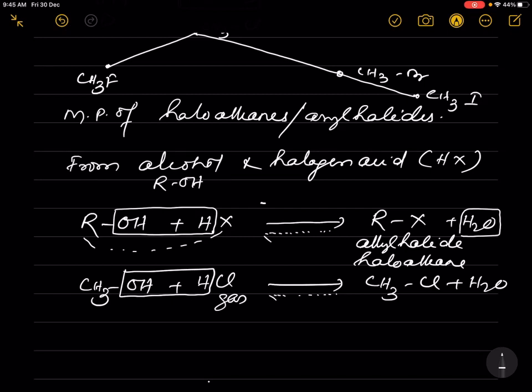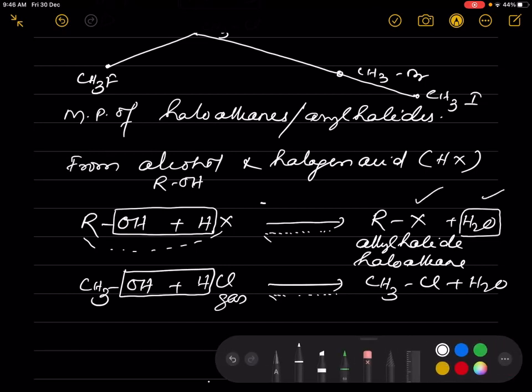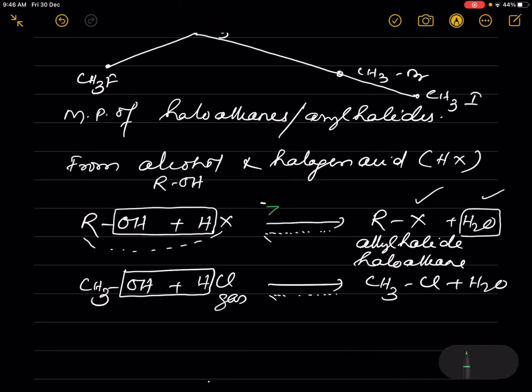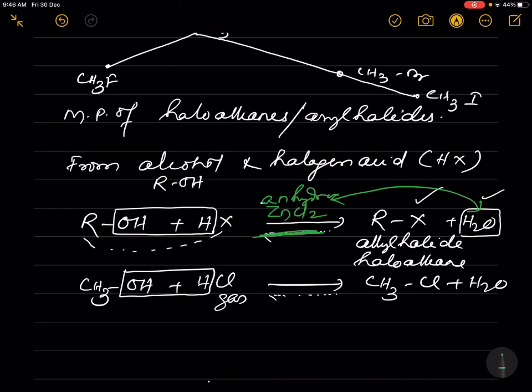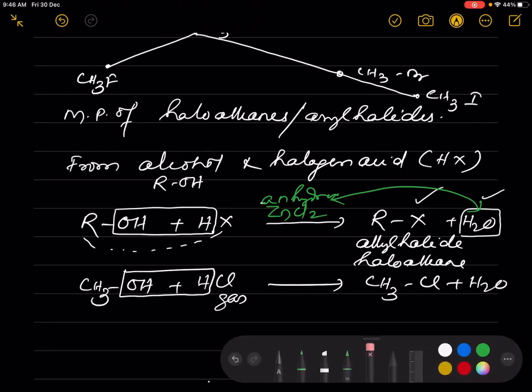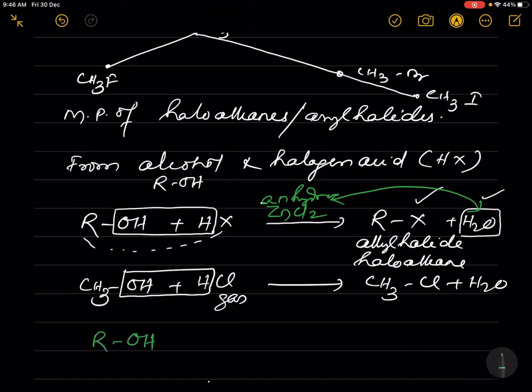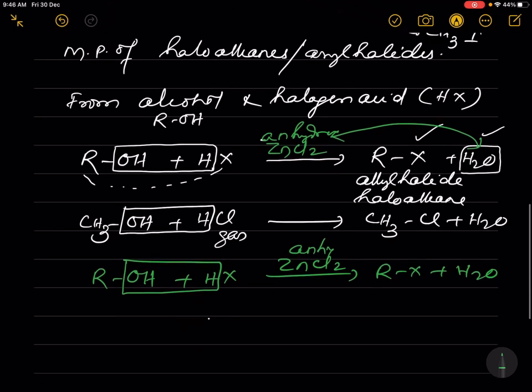To stop the reaction of alkyl halide with water, we have to treat this reaction with anhydrous zinc chloride. Anhydrous zinc chloride absorbs water, so the reverse reaction is not possible. So we should write ROH plus HX in presence of anhydrous zinc chloride gives alkyl halide and water.